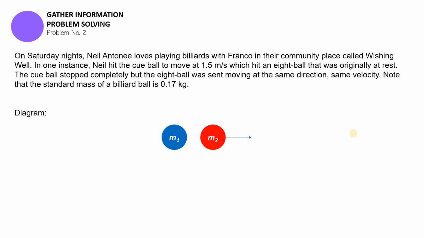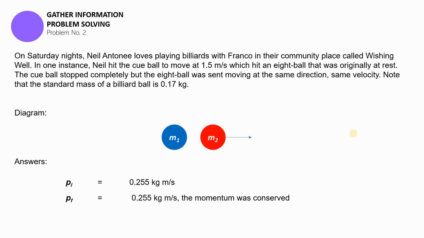Very good, it means it is at rest. For the answers, your initial and final momentums should be equal to 0.255 kilogram meters per second, and we can say that the momentum was conserved. Did you get the correct answers?